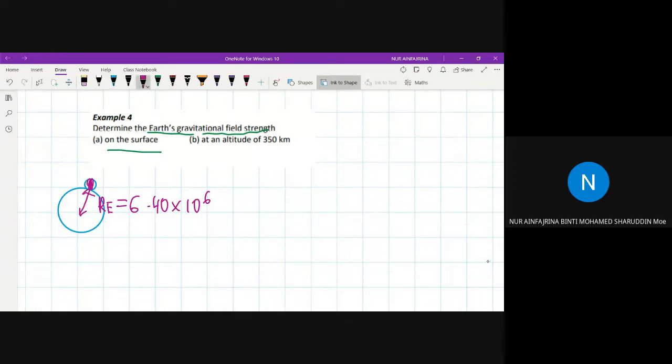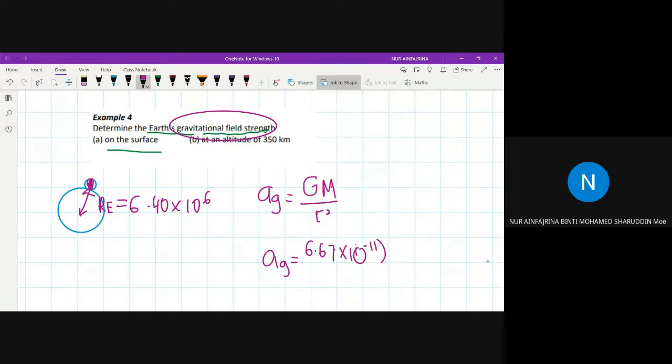Now we are going to find the gravitational field strength. So kita tahu gravitational field strength, formula dia adalah GM over R squared. Your G always constant iaitu 6.67 times 10 to power of negative 11. And your mass of Earth berapa? 6 times 10 to power of 24.